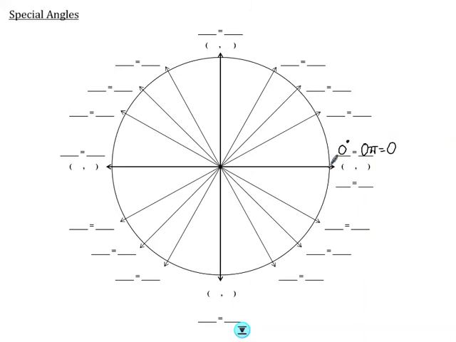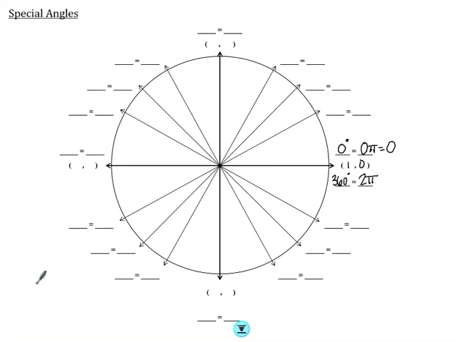The coordinate of this point, if we are assuming that the radius is 1, would be the point 1, 0. We also mentioned in a previous video that going all the way around the circle is 360 degrees, or 2 pi radians. So this angle is the same as 360 degrees, or 2 pi radians.